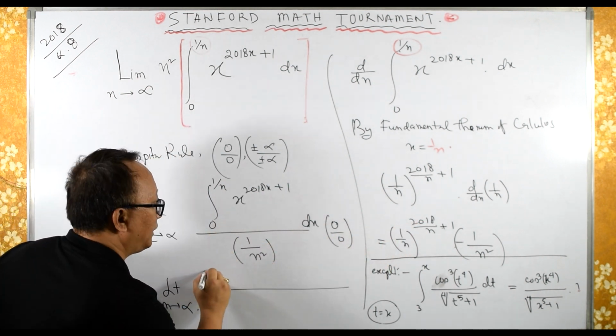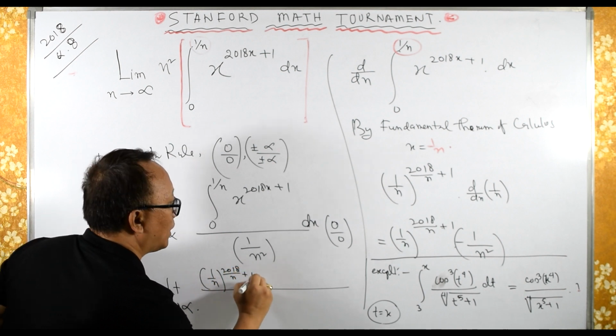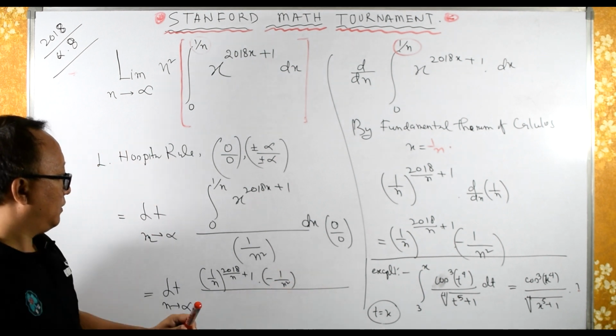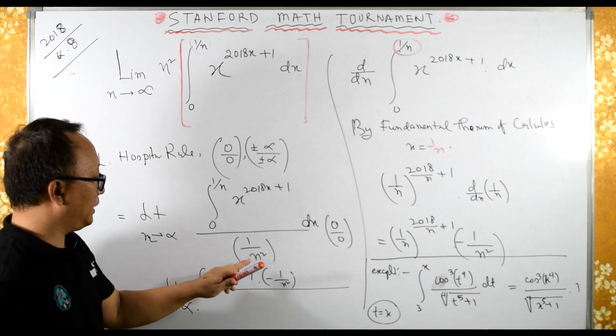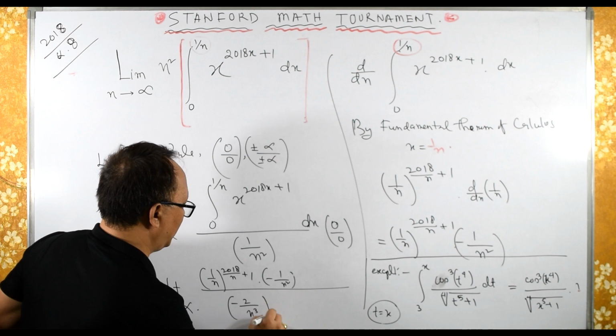Let's write down over here: 1 by n raised to 2018 upon n plus 1, into minus 1 by n square. And the differentiation of the denominator, n square, is this, minus 2 upon n cube.